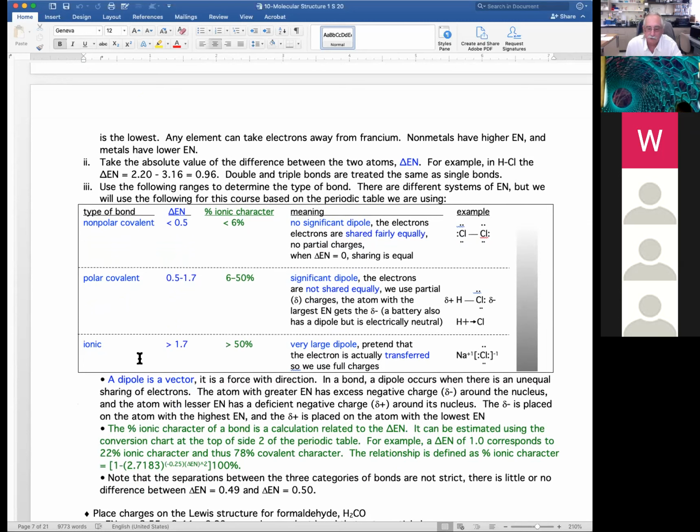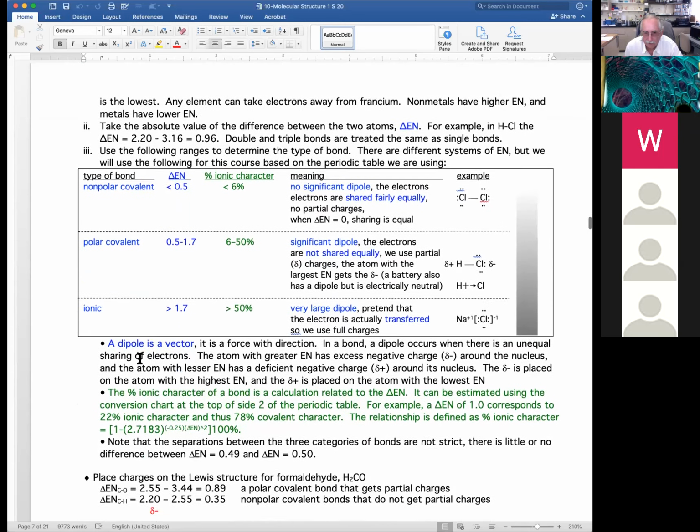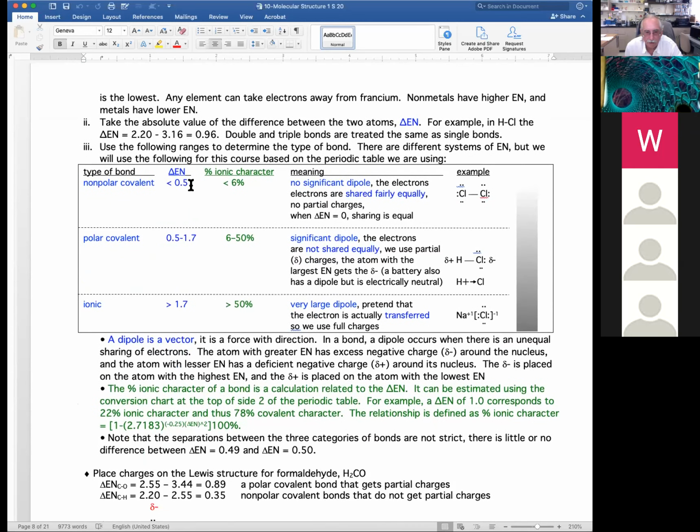I went through the logic for doing that, but you're just going to have to remember these: 0.5 and 1.7. If it's less than 0.5, we don't do anything. If it's greater than 1.7, it's considered an ionic bond. If it's anything in between, we call it a polar covalent bond, and we put the polar markings on there, which are the partial charges.